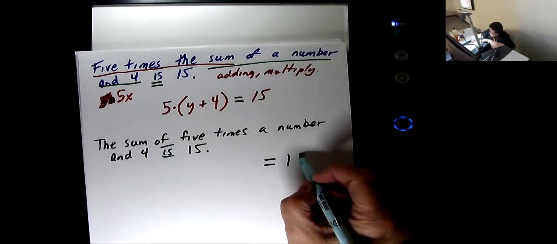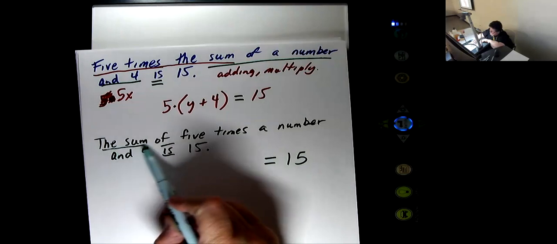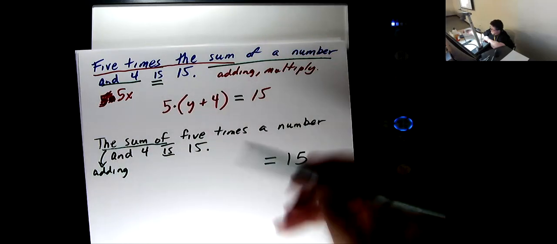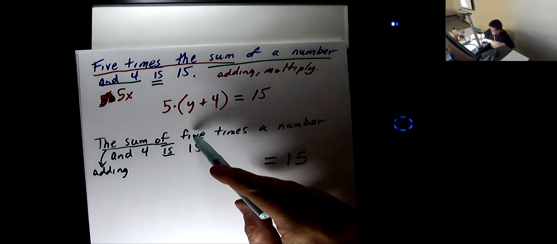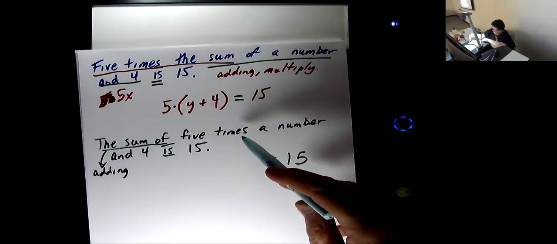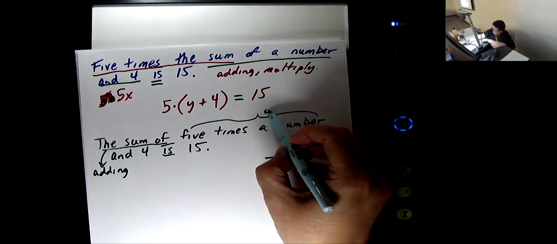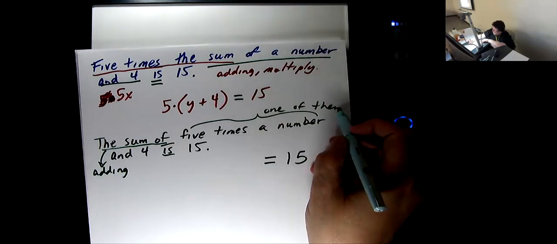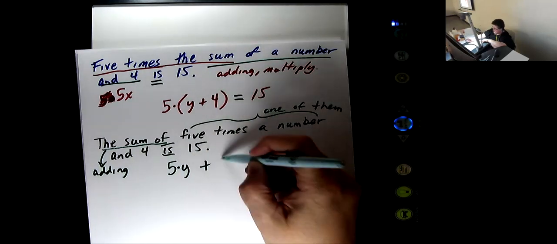And I got 15 on the right. The sum of tells me we're adding two things together. And then I'm going to look at what it says after to see what we're adding. It says the number 5, but the 5 goes with the times. So 5 times a number is one of the items that we're adding. And I'll use y again. So 5 times y. And then plus 4.